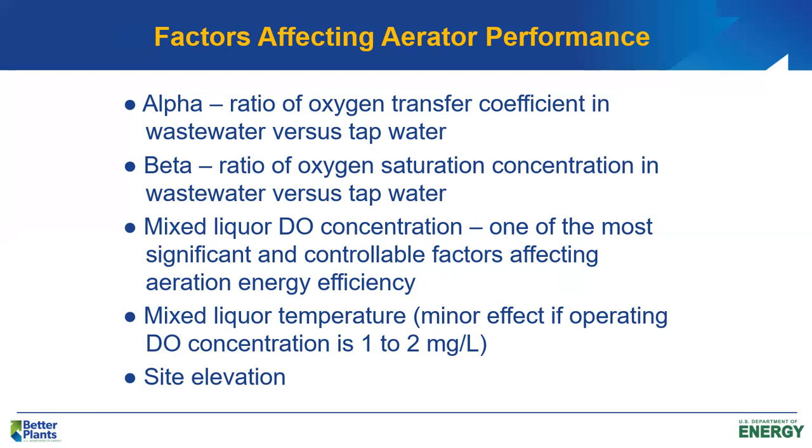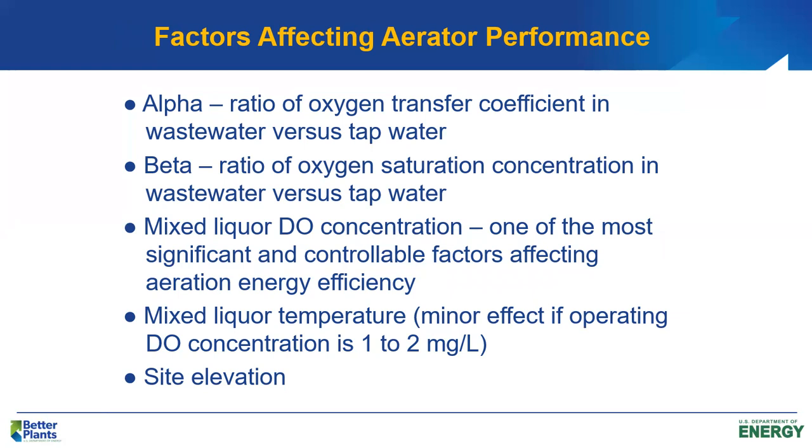Now, the mixed liquor DO concentration is also another very important factor that impacts the energy efficiency of our aeration system. And that's the one where we have the greatest control. So it's very important that we try to operate at the lowest acceptable DO concentration, because that's going to enhance the oxygen transfer efficiency.